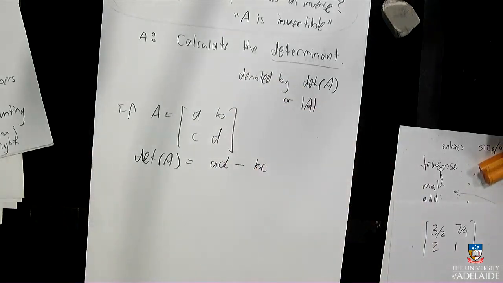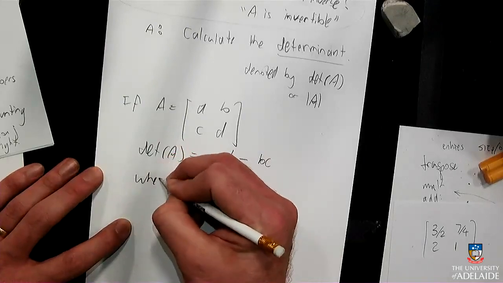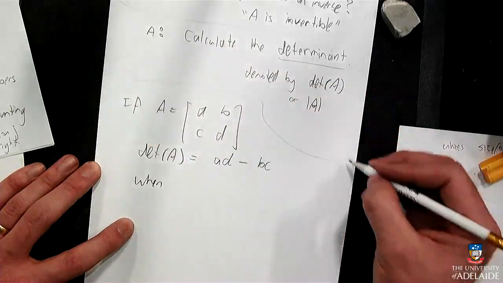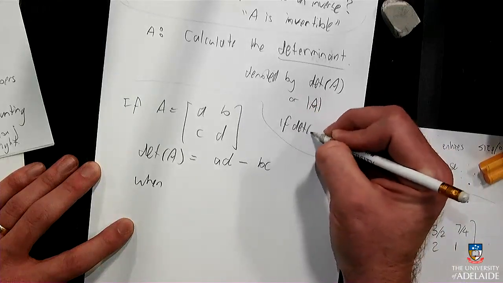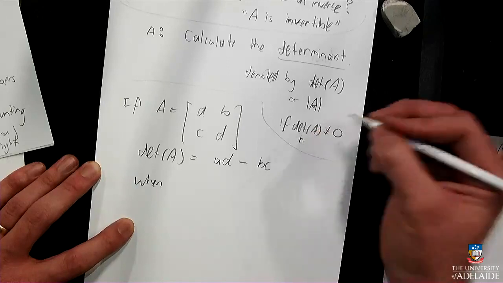So the main diagonal, the diagonal that I mentioned right at the beginning, the one that comes down from top left to bottom right, that one first, and then the other one, and subtract them. And if det A equals 0, it's not invertible, and if it's not 0, it is invertible.